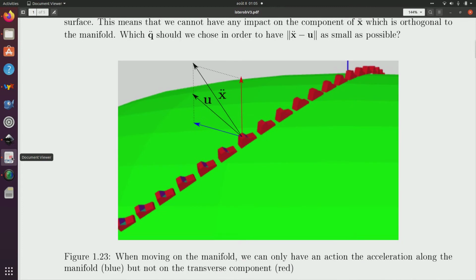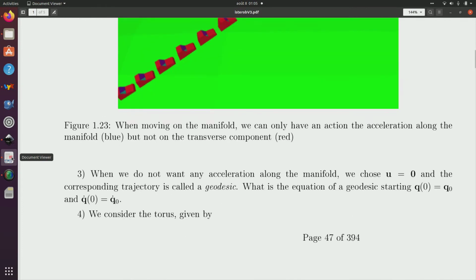Okay. Now, question number 3. When we do not want the acceleration along the manifold, we choose u equal to 0. It means that on the manifold, I have no lateral acceleration along the manifold. It means that I go straight. Of course, I do not go straight in the Rm space because of the curvature, but if I look only on the manifold, I can say that I go straight.